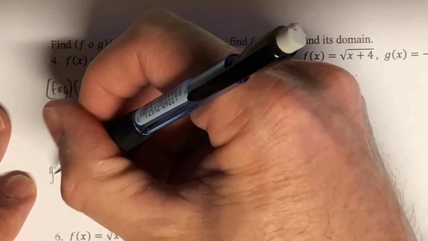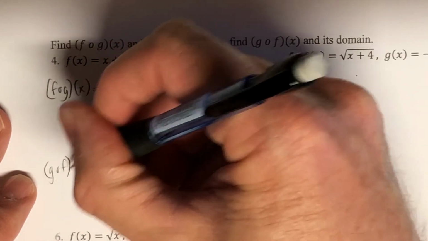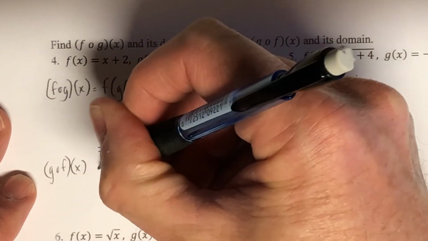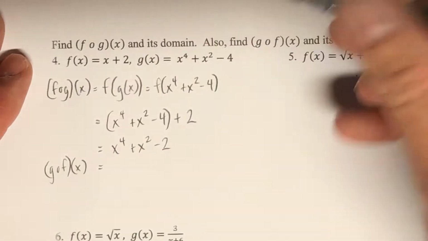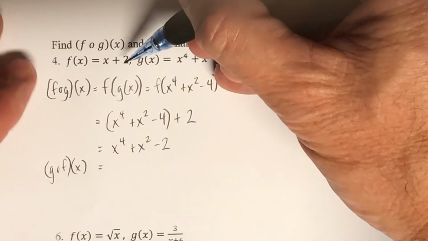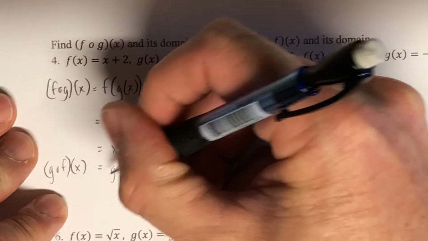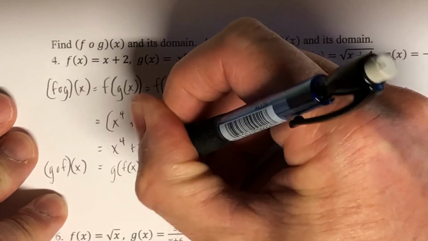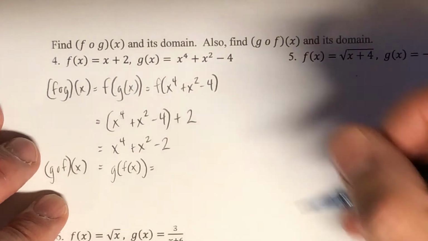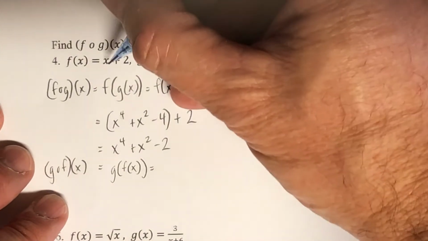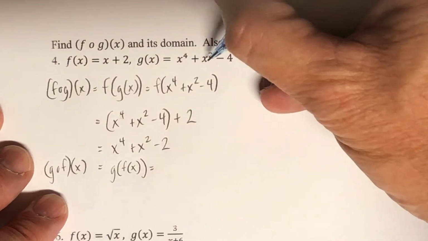G circle F is similar. So we want to plug in, again, the second one this time. Let me write it out again. The second one is f of x this time. The g is the first one. So that means that we want to plug in the x plus 2 into these x's over here.